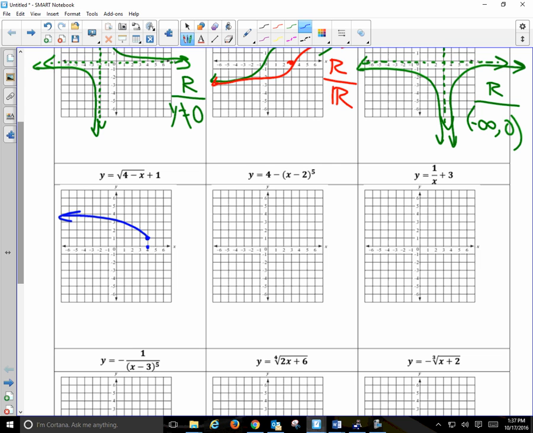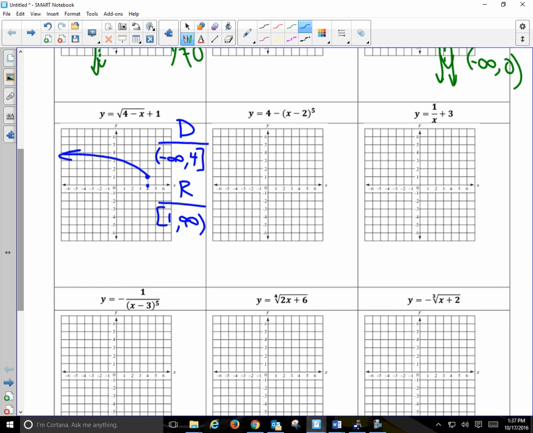Okay. Domain -infinity to 4, range from 1 to infinity. Sometimes you might want to rewrite the function. So y is equal to (-x - 2) to the 5th plus 4.